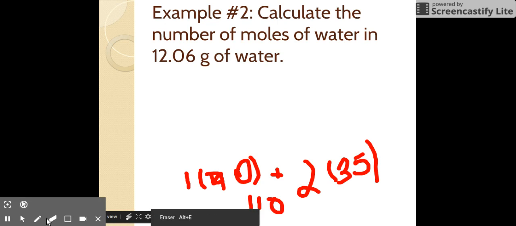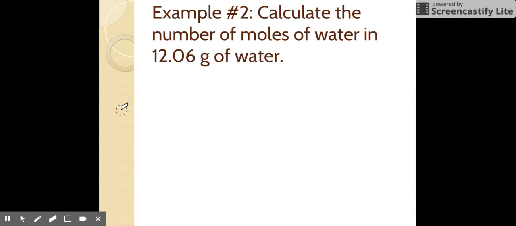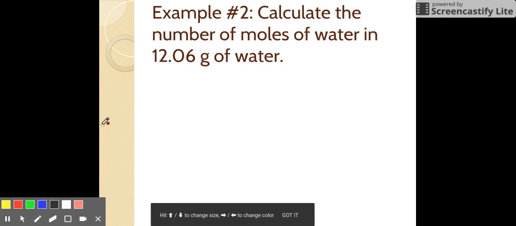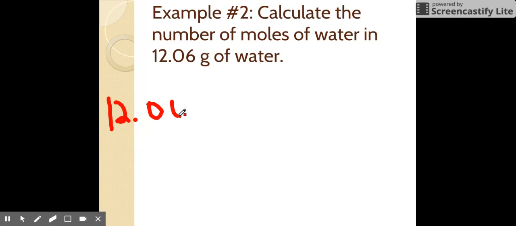So now if I take a look at this, I am starting with 12.06 grams.